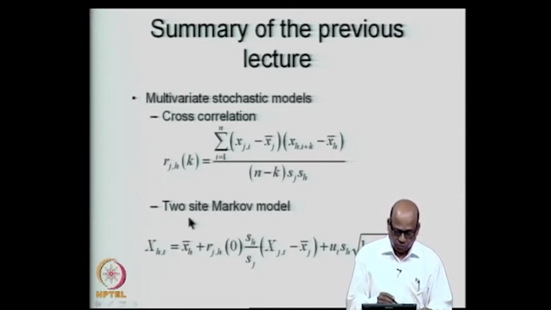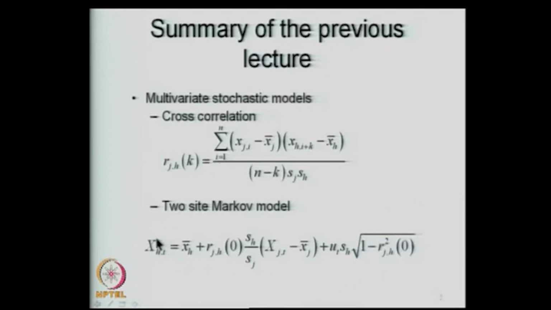Then we introduced the two site Markov model. This is for the subordinate site, where we are talking about generation at site h. In these models do not worry too much about capital and small letters. Actually, this should be a small x h t, but like I did in regression, the capitals and small letters may mean the same thing, unless we are talking about the matrix notation, which we will do subsequently. So, we are generating the data at site h for time period t.